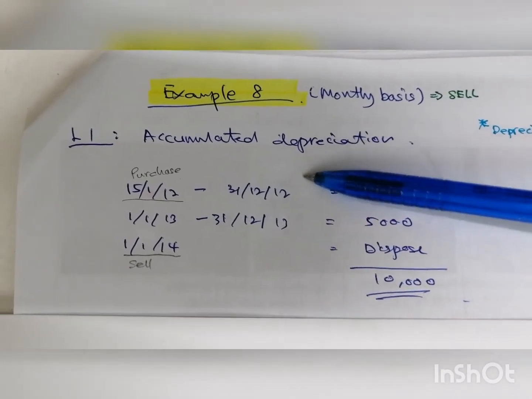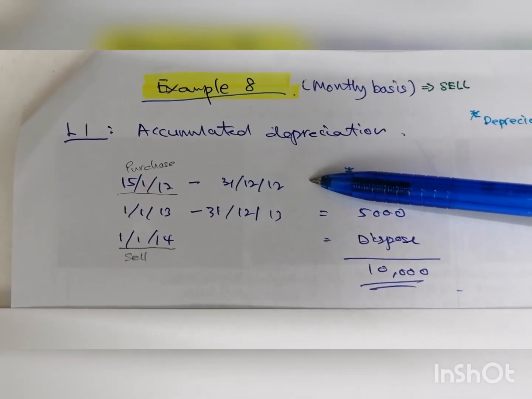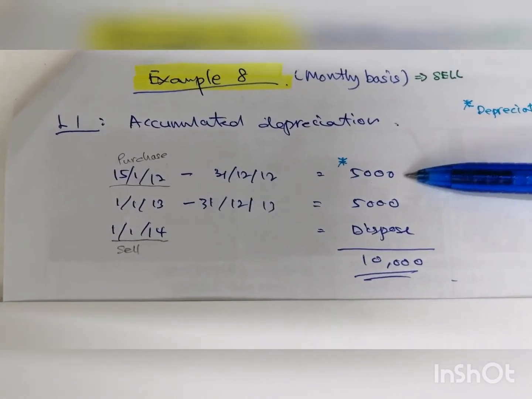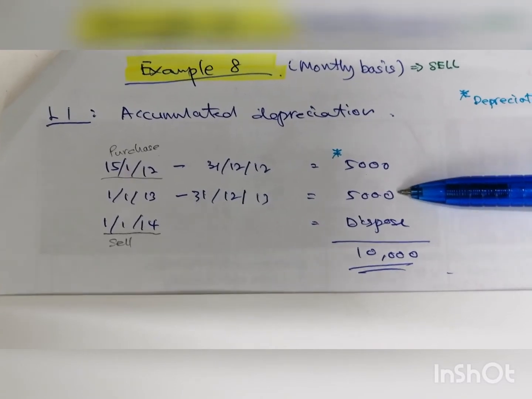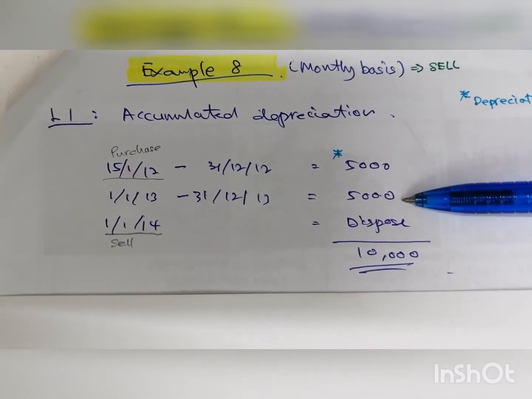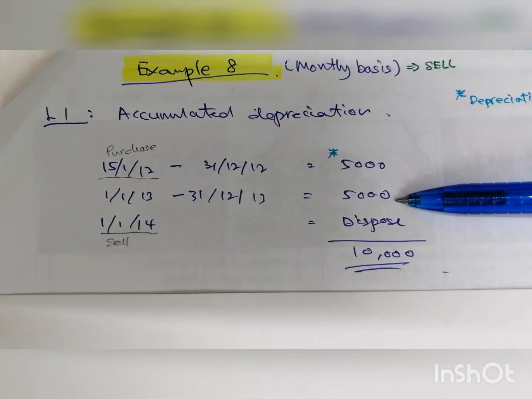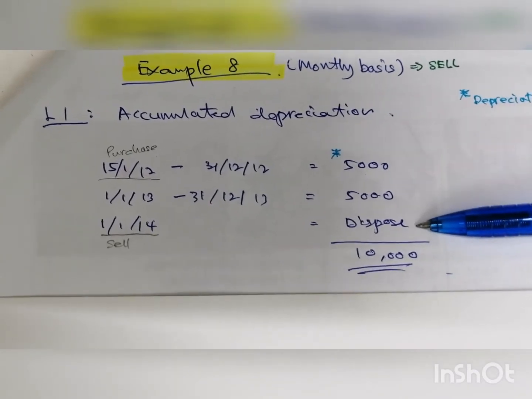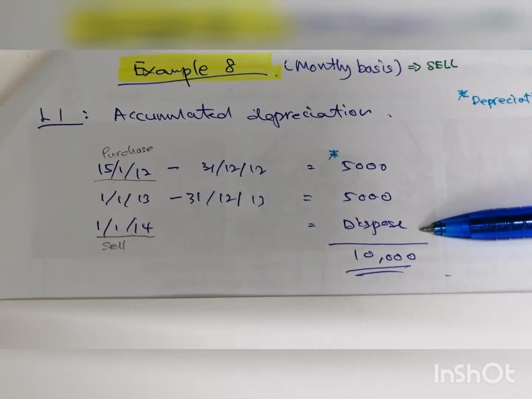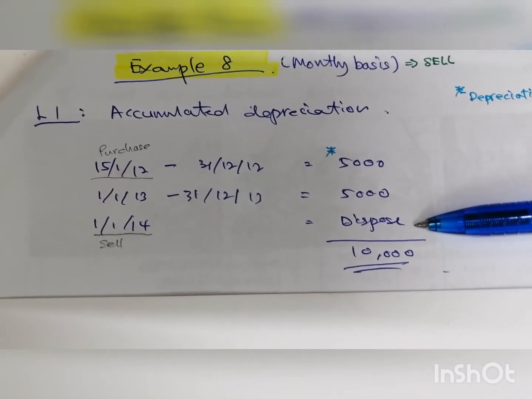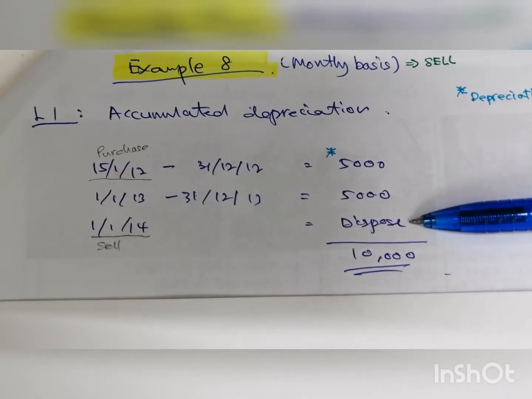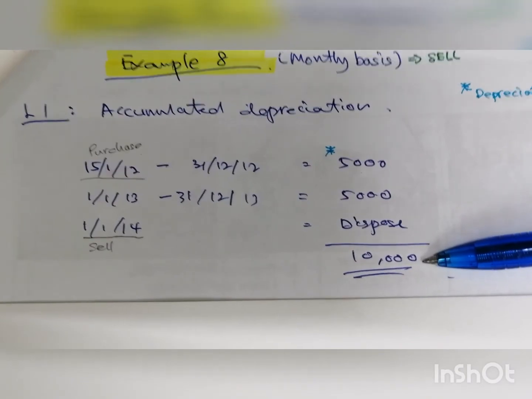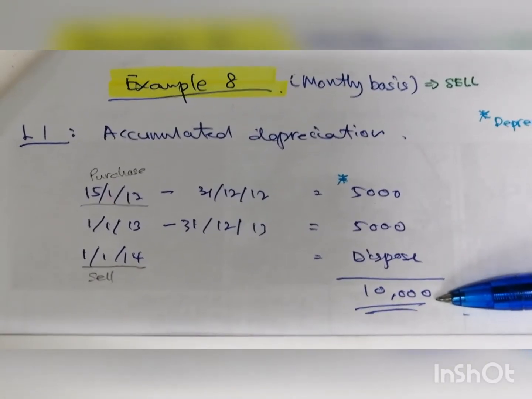We purchased the machine on 15 January 2012 until 31st December 2012, depreciation is 5,000. For the second year, 1st January 2013 until 31st December 2013 is 5,000, and the machine is sold on 1st January 2014 for disposal, and here we got no depreciations expense. So total for accumulated depreciations is 10,000.